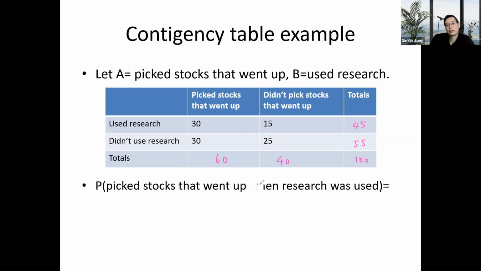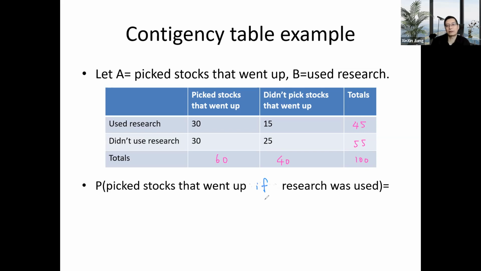If is more on the conditioning side. When is not clear. I'm not an English native speaker. It seems to me it could be the intersection. When is probably conditioning. Intersection would be and, right? Picked stocks that went up and used research. But when is probably a bit vague on the border side. Let's put if here.